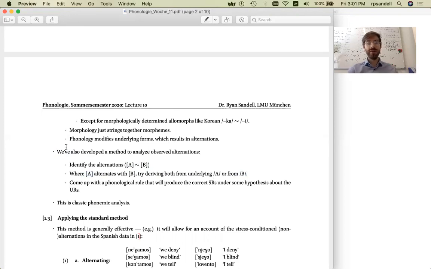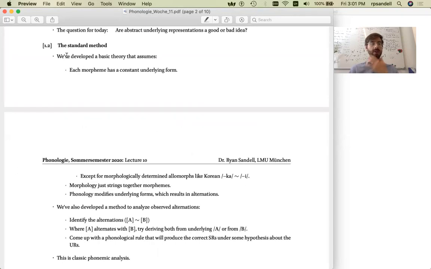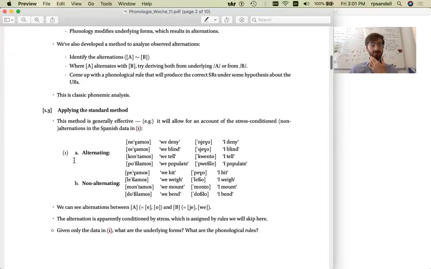And we simply try to develop phonological rules that can produce the correct surface representations given one or the other hypothesis about the underlying representation. That's our procedure for phonemic analysis and allomorphic analysis as well.